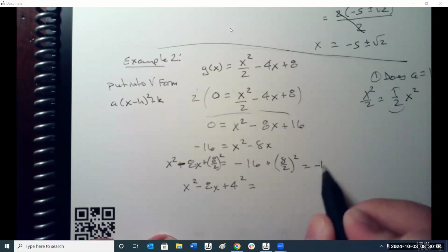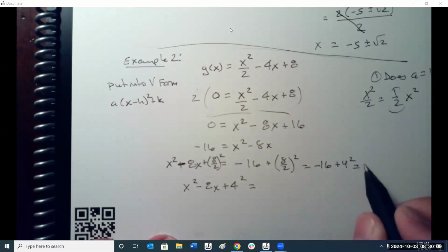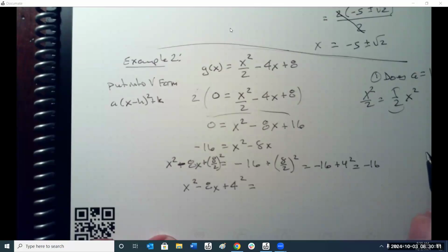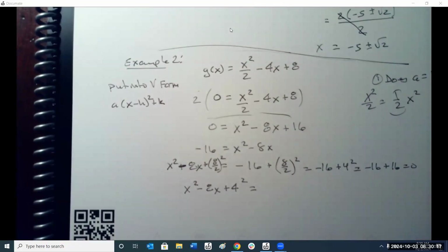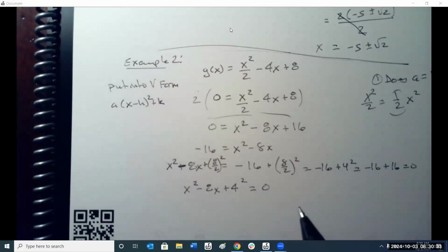So we know this is negative 16 plus 4 squared, negative 16 plus 16 equals 0. Okay, so this equals 0. Interesting.